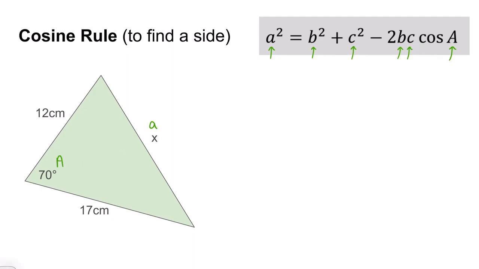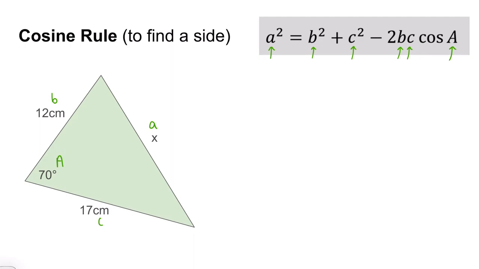And then I have little b, that would be capital B there, and little c, that would be capital C over there. Now we don't actually need that B and C, we don't have any numbers there for the angles, and we also don't see a capital B and capital C in our rule, so we don't need to worry about those.